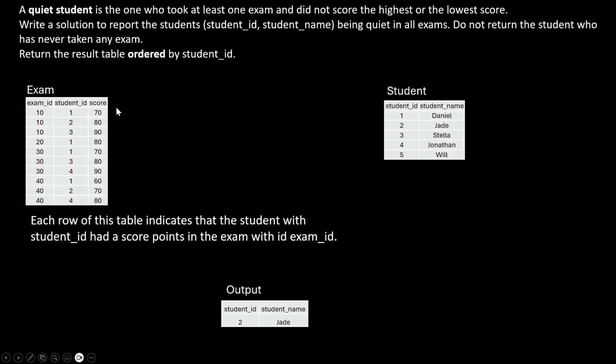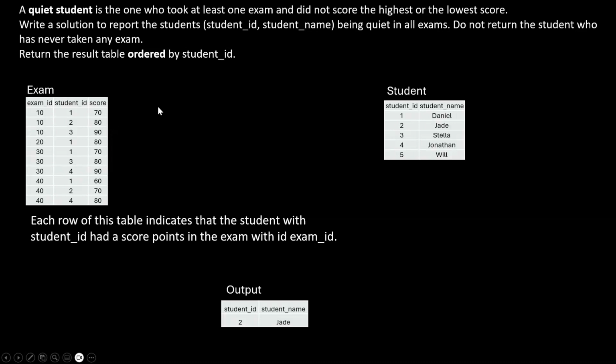Now to take out all those students who have scored the highest or the lowest score at least once for any exam, what we can do is first calculate the maximum score and the minimum score for every exam. I can use window functions for that. So we can have two more columns: one will hold the maximum score for the corresponding exam and the other will hold the minimum score.